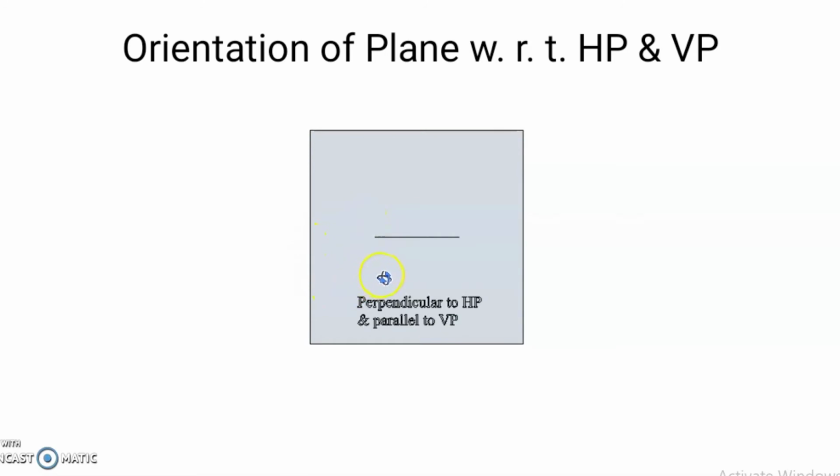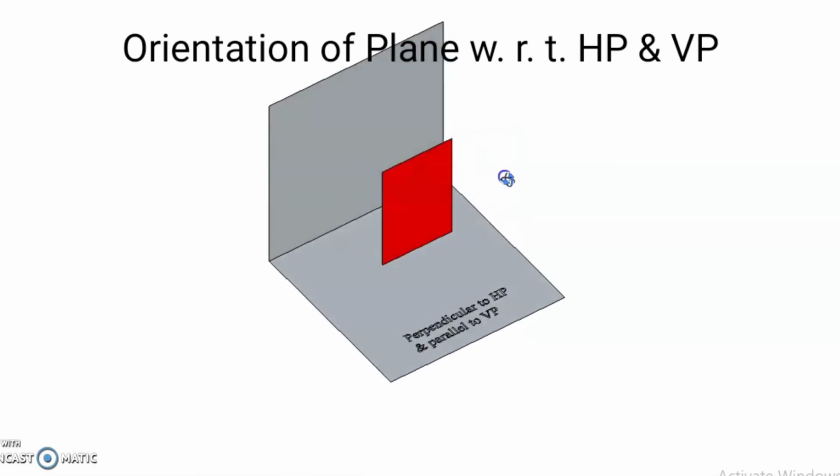In conclusion, when a given rectangular plane is parallel to VP and perpendicular to HP, then its front view shows its true shape and top view shows a line.